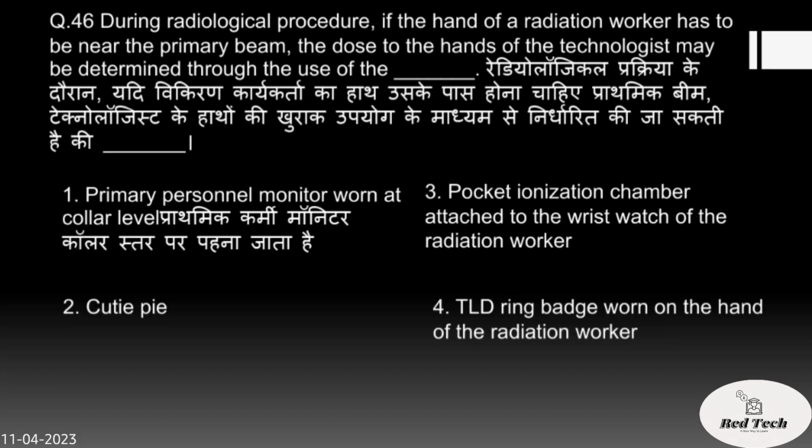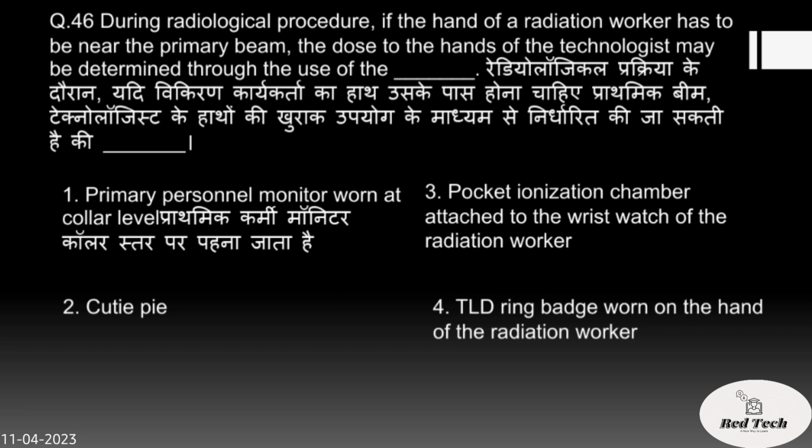Number 46. During radiological procedure, if the hands of a radiation worker have to be near the primary beam, the dose to the hands of the technologist may be determined through the use of. Means if any radiation worker has exposed from the primary beam to the hand, then what basically determines the dose of that part of the body?